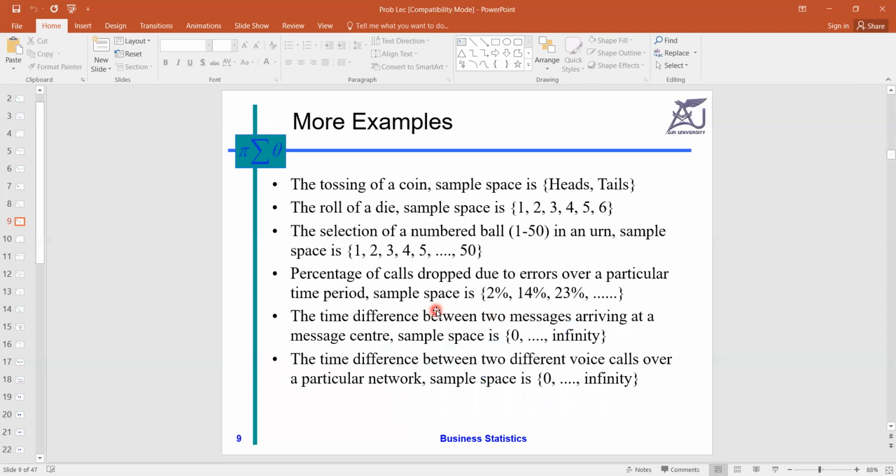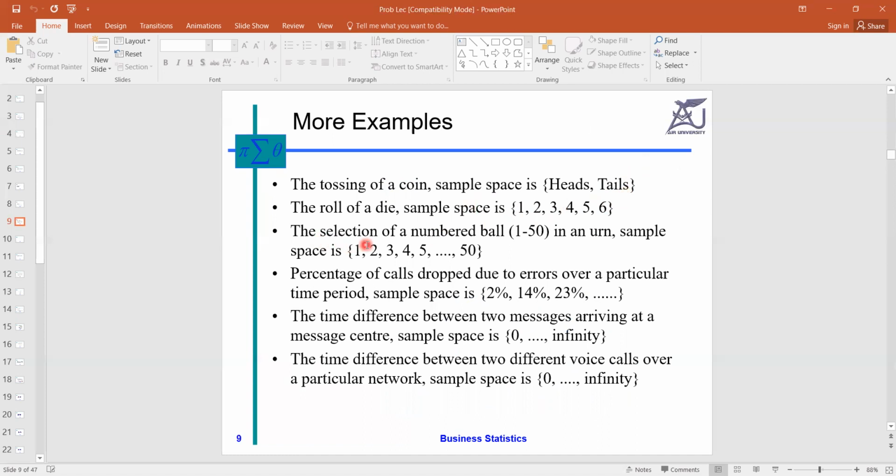Here are some more examples. For the tossing of a coin, the sample space is head, tail. For the rolling of a die, the sample space is this. The first two are examples of discrete sample space because we can write each and every element easily.